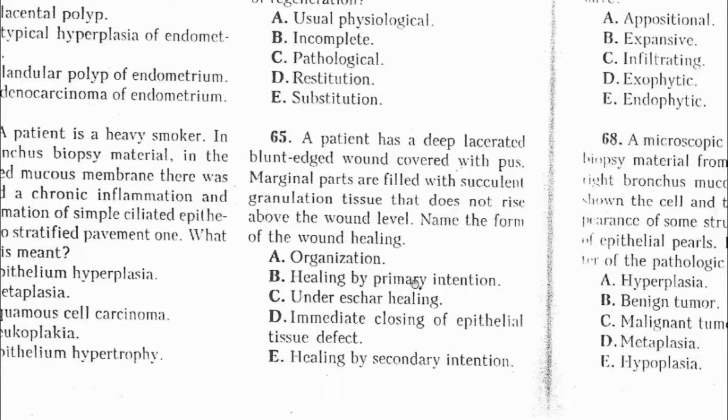That is for primary. We also have healing by second intention. This is characterized by an open large tissue defect, which is sometimes infected, with loss of cells and tissues, and not approximated by surgical sutures.